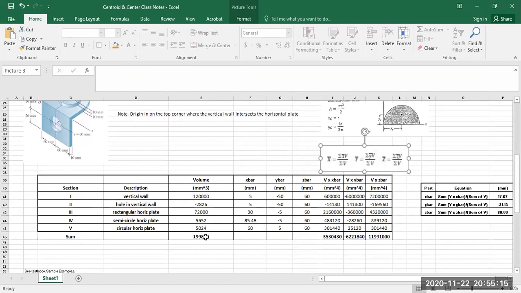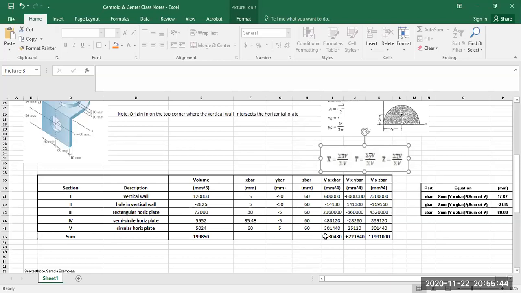Here is my total volume, but I have to multiply the x bars times the volume. So this column right here is the volume times x bar. This one is the volume times y bar, and this one is the volume times the z bar. So the volume times x bar is going to be my numerator.